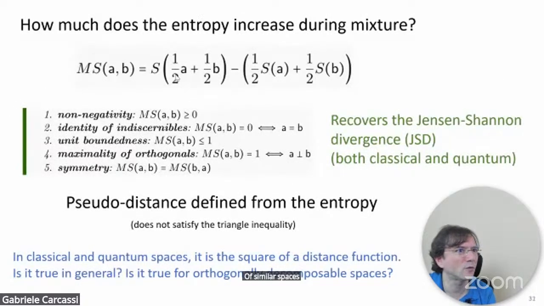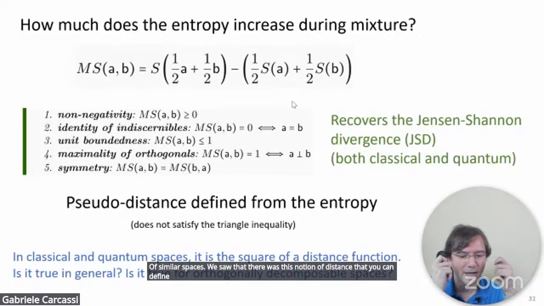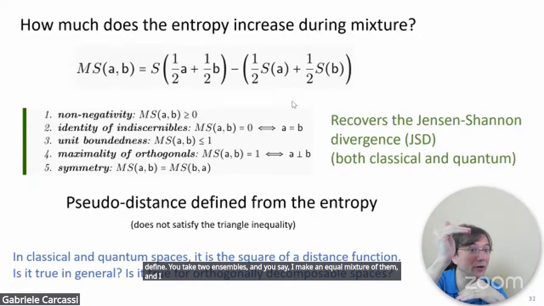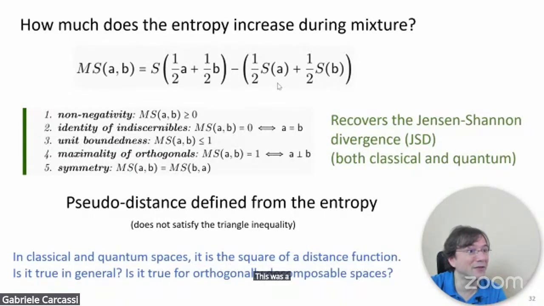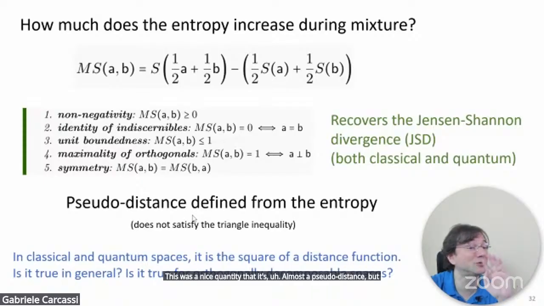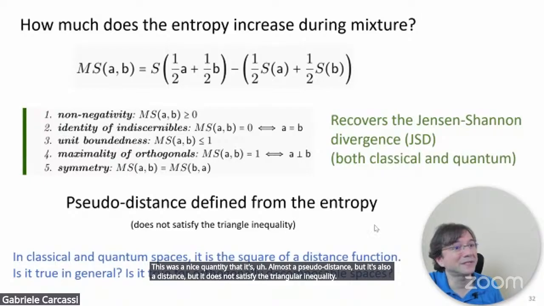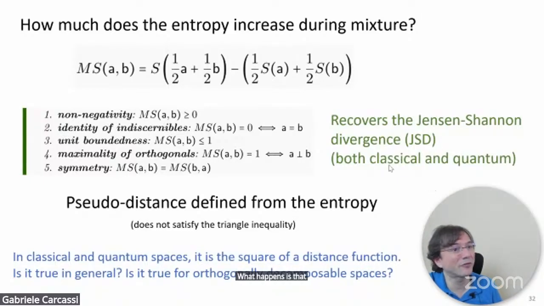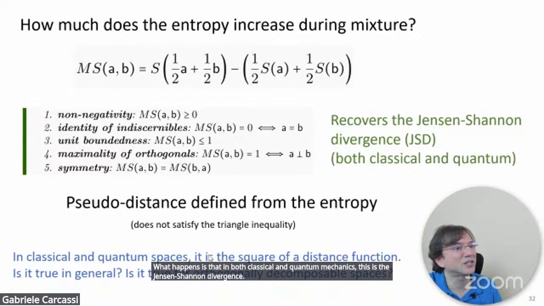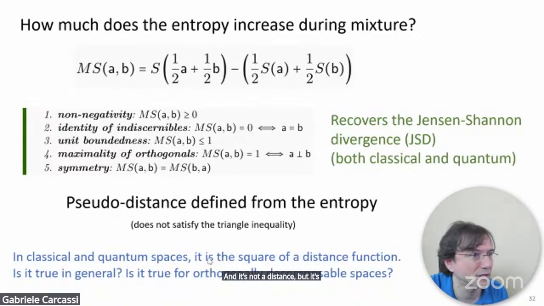We saw that there was this notion of distance that you can define. You take two ensembles and you make an equal mixture of them and see how much the entropy goes up. This was a nice quantity that is almost a distance, but it does not satisfy the triangle inequality. What happens is that in both classical and quantum mechanics, this is the Jensen-Shannon divergence, and it's not a distance, but it's the square of the distance function.